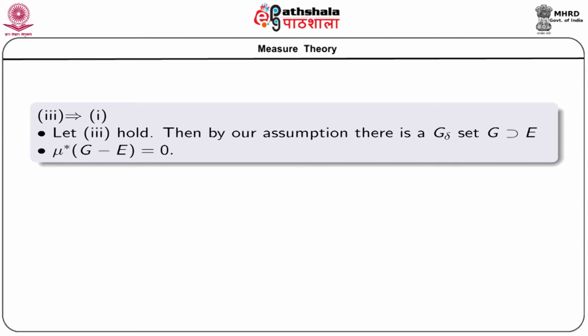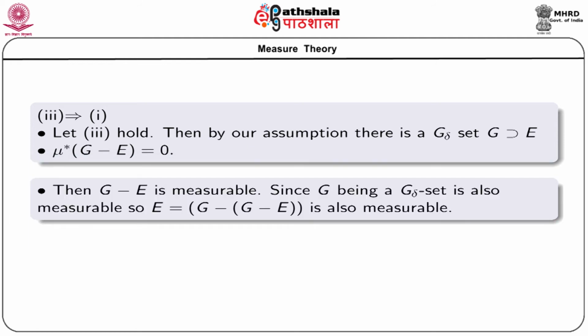So, this set G minus E is also Lebesgue measurable. Hence, G being a G delta set is measurable, and G minus E is measurable. So, their difference G minus (G minus E), which is equal to E, is also measurable. So, we have proved the equivalence of the first 3 statements 1, 2 and 3.